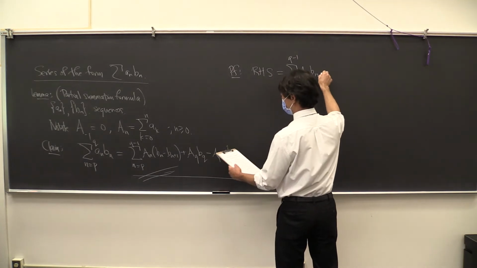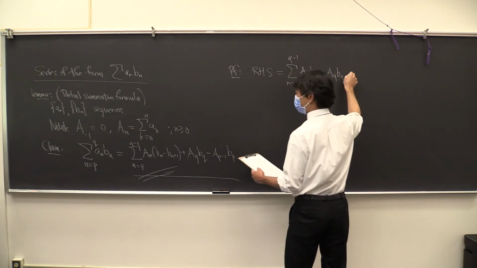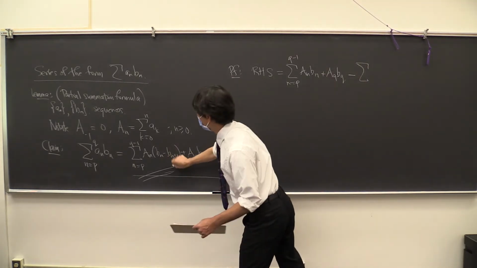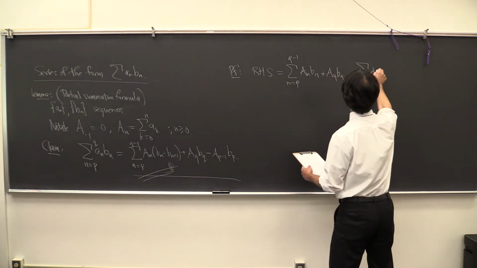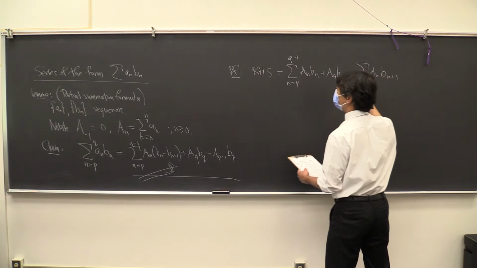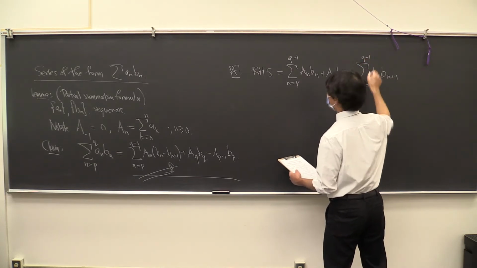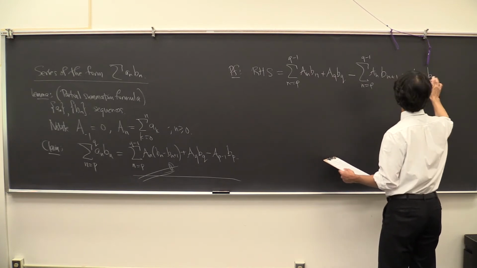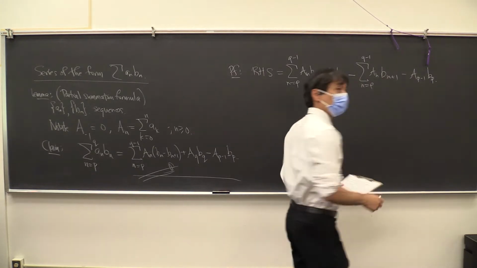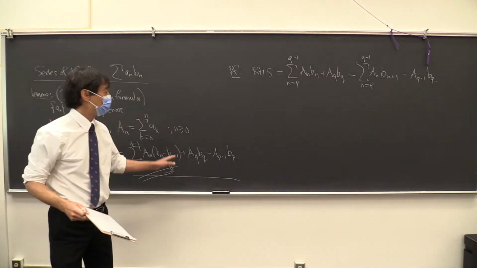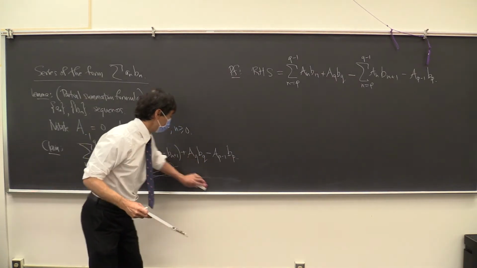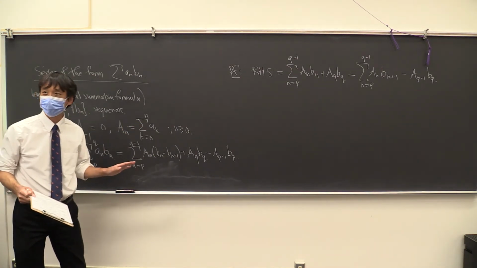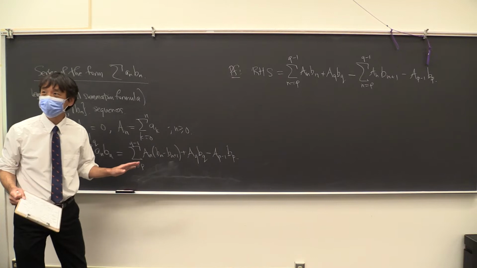We put in the a sub q b sub q term, and then we subtract off the second part, capital A sub n times b sub n plus 1, again going from p to q minus 1, and we subtract off the last term. We haven't done anything special. All we did was separate this into two parts. Everybody all right? Yes, thank you.